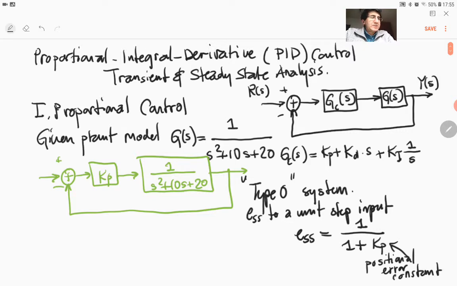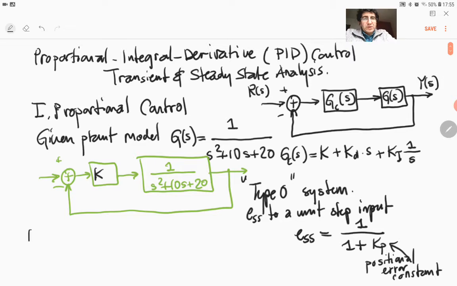Maybe we shouldn't use Kp for our proportional control, so let's make this K rather than Kp. So let's put K here and K here in order not to confuse with the positional error constant.